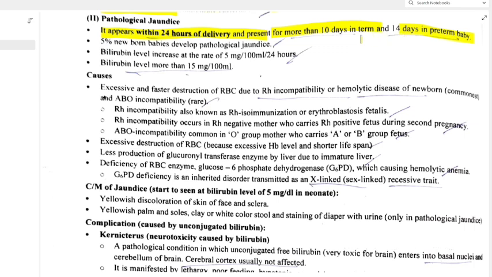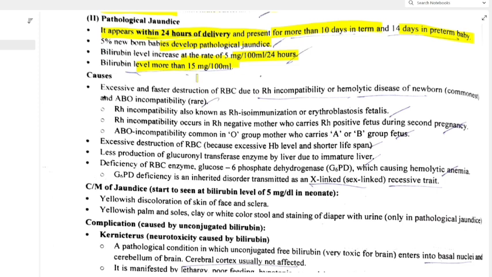But in case of pathological, it is staying more than 10 days and more than 14 days. 5% of newborn babies develop pathological jaundice. That was 60 and 80% for physiological jaundice, but pathological only 5%. And bilirubin level increases at the rate of 5 mg per 100 ml per 24 hours, and bilirubin level is more than 15 mg per 100 ml.